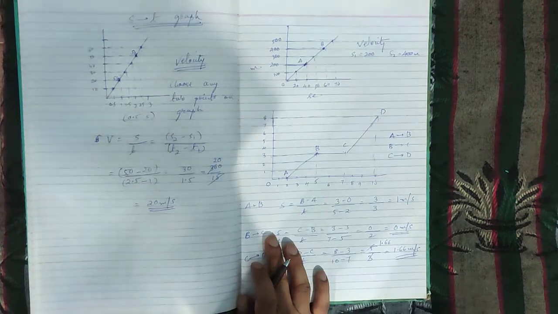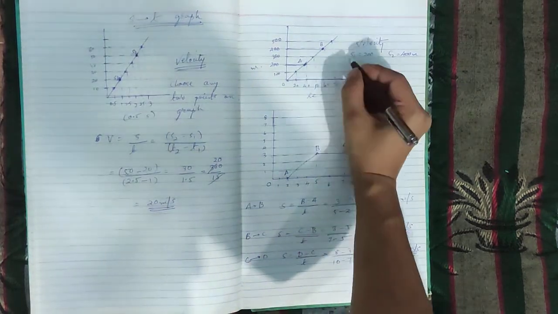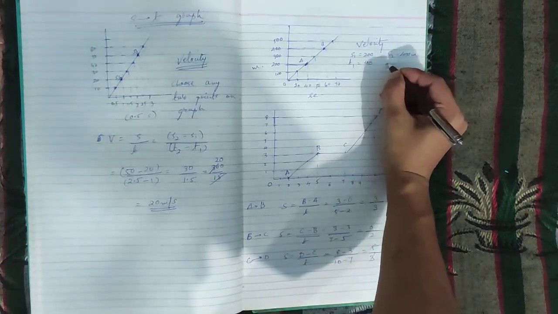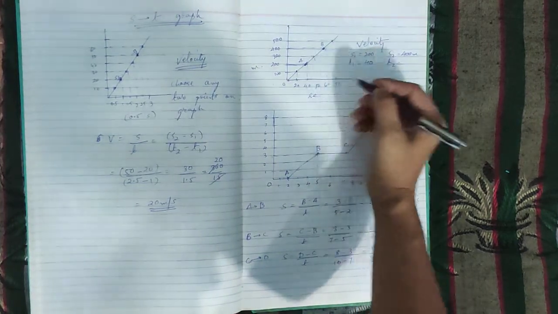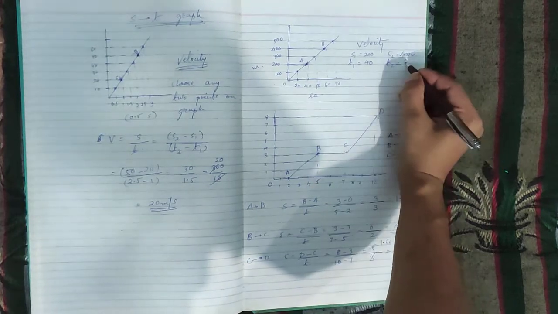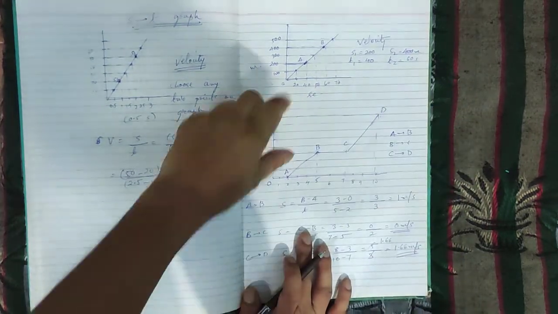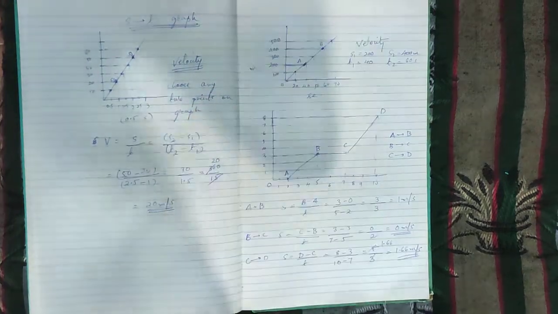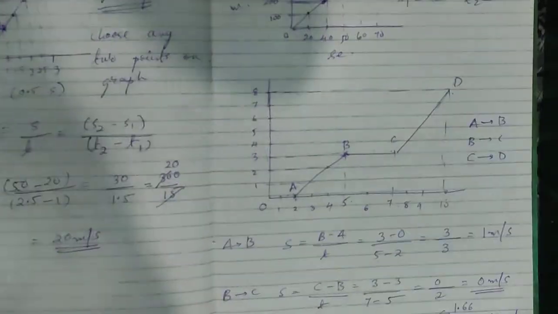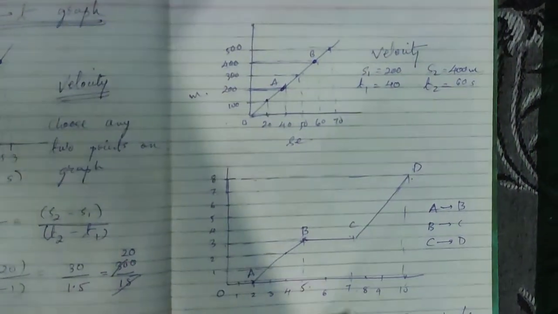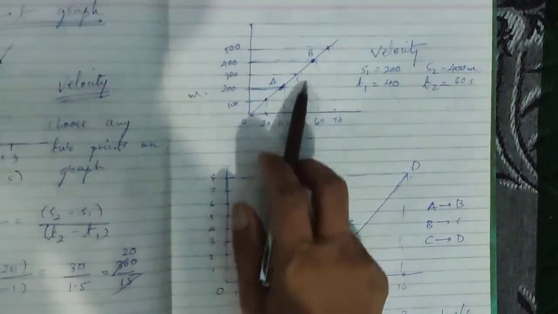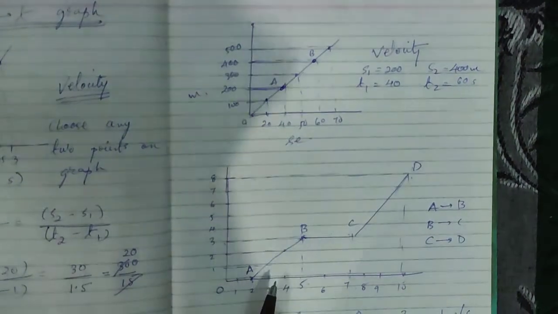Respectively, the time T1 is 40 seconds and time T2 for S2 is 60 seconds. As you can see from the graph, for A it is 40 seconds and for B it is 60 seconds.